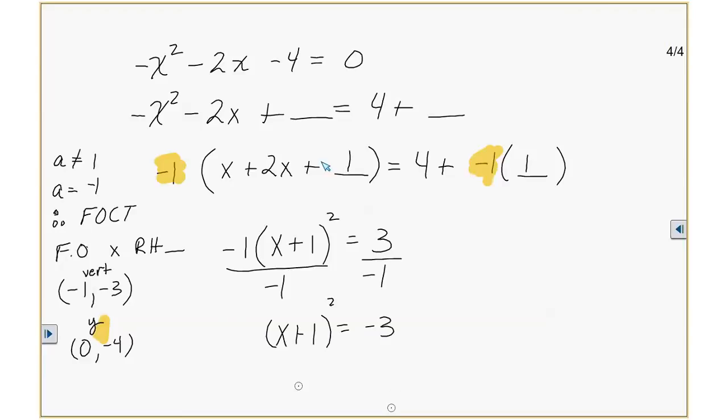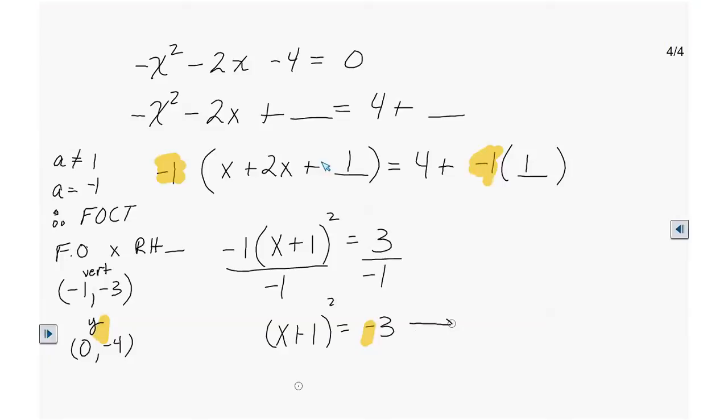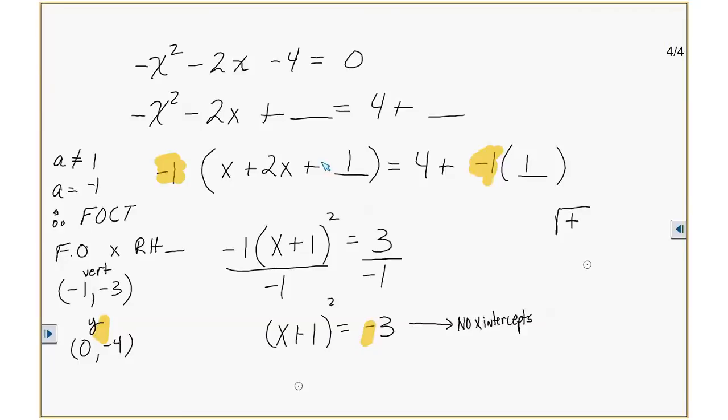Now at this point, you need to highlight that negative and go out to the side and say no x-intercepts.